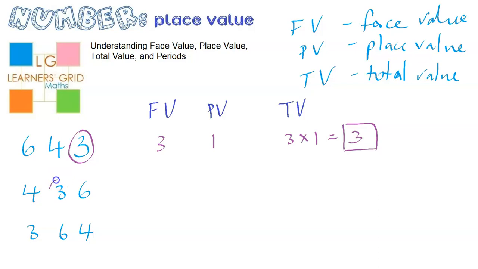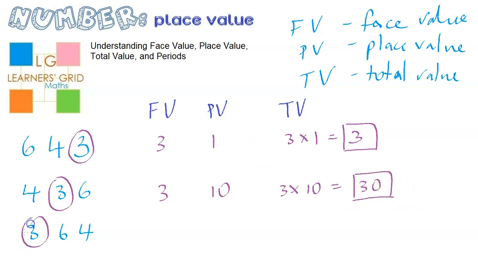If I look at this 3, face value is 3. The place value of this 3, though, is in the tens. And the total value becomes face value multiplied by place value, so its total value is 30. And for this 3, similar process.